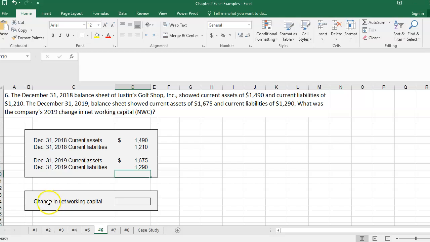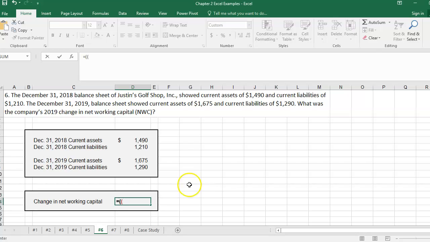When we're looking for the change in net working capital, we're looking at the difference in net working capital from 2018 to 2019. Net working capital is current assets minus current liabilities. So if we're putting that into Excel, we need to use parentheses, so we make sure we keep 2019's net working capital together and 2018's net working capital together.